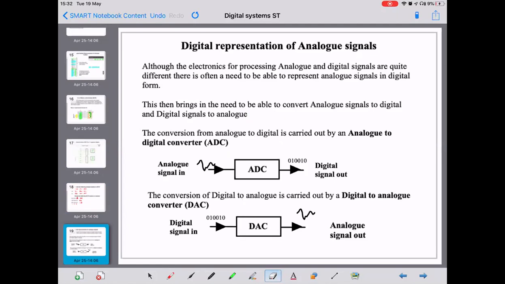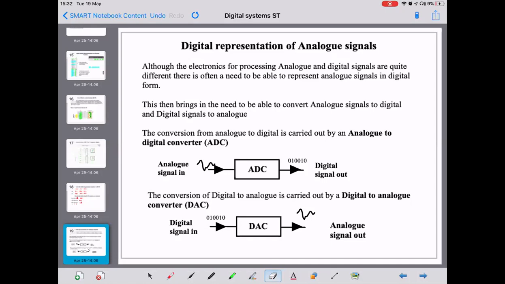If we're going to have computerized control systems, we need to be able to represent an analog signal in digital form, either as part of an output to a system or an input from something else. So it brings in the need to convert analog signals to digital and vice versa.